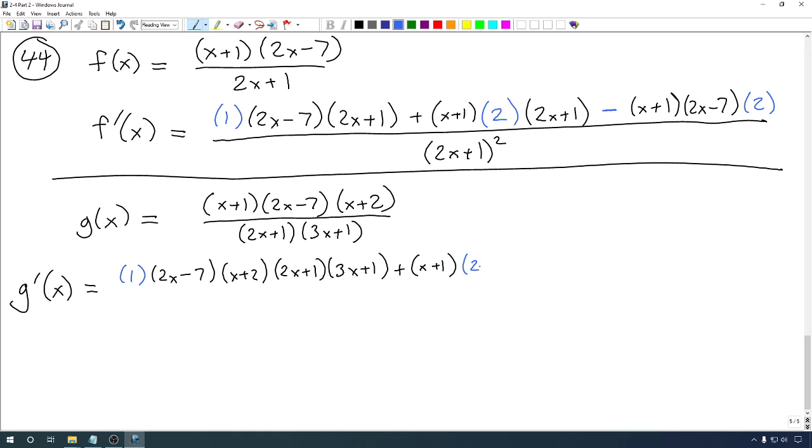That becomes a 2, just like it did up here. And then I leave all the other factors alone. I'm going to run myself out of space, but oh well. I'm just going to move down here. Next, I'm going to differentiate the x plus 2. That's going to become a 1, but everything else is going to stay the same.